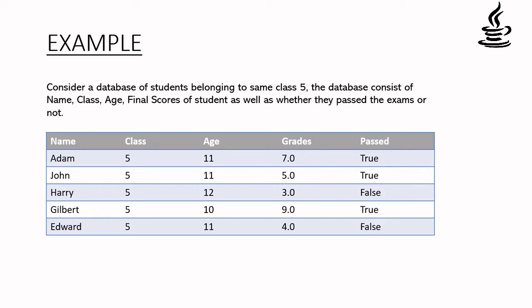The name of the student is an example of text values. The class, age and the grade scored by the student are examples of numerical values, and whether the student passed the exam or not is an example of a Boolean value. So we will say that three different types of data comprise this database.